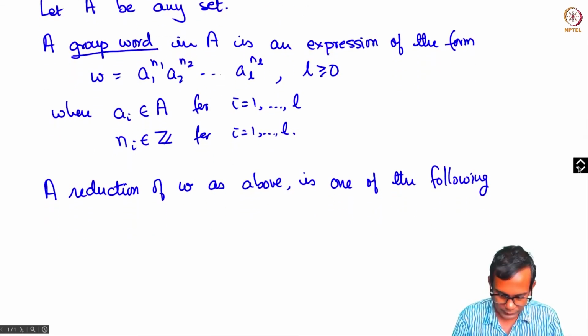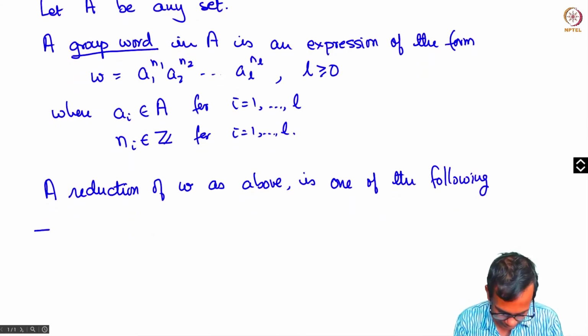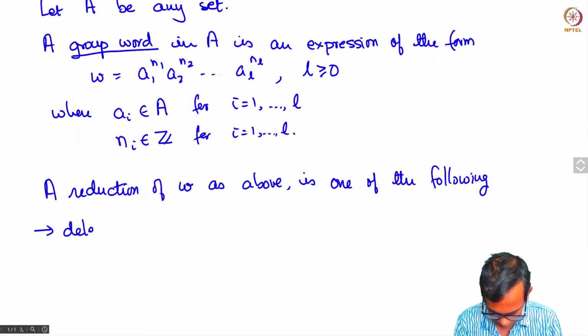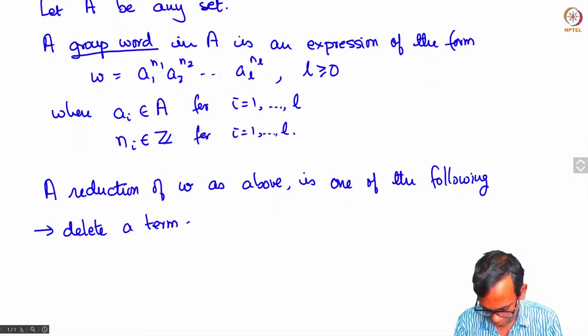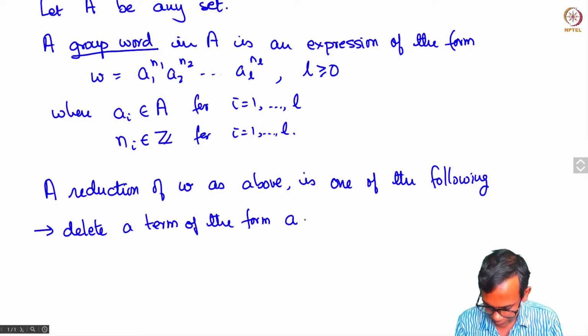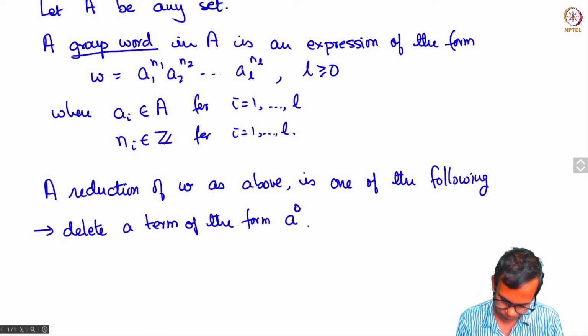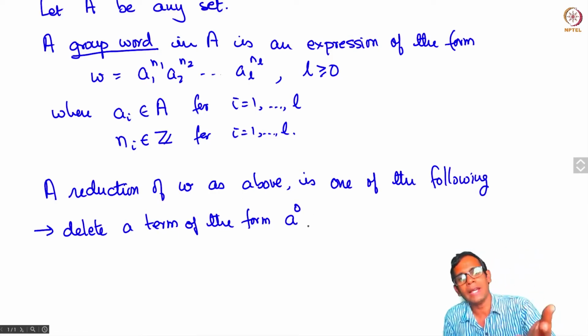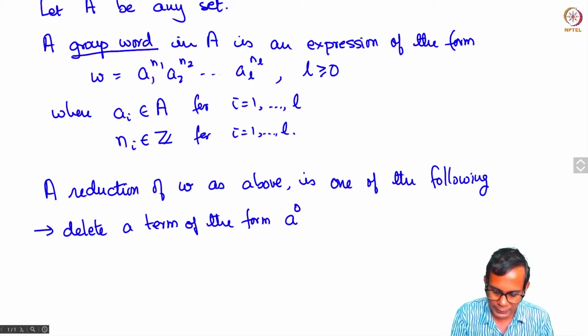So what you do is you can delete a term of the form AI to the power 0. Because if any of the exponents in this W is 0, you can just delete that term.